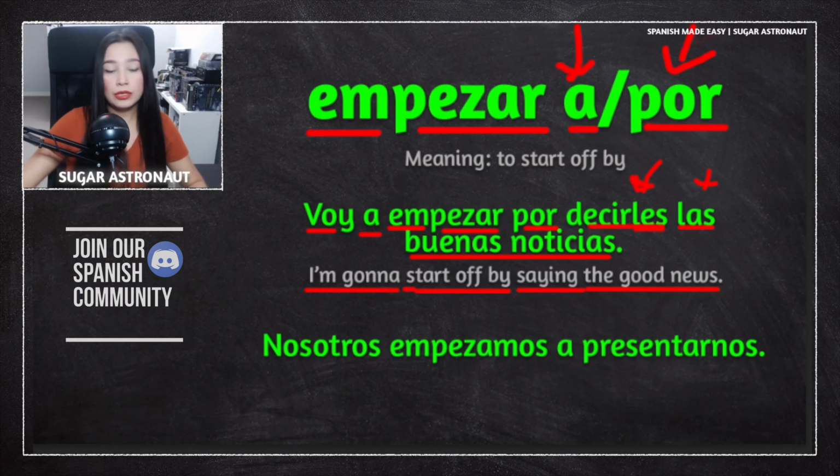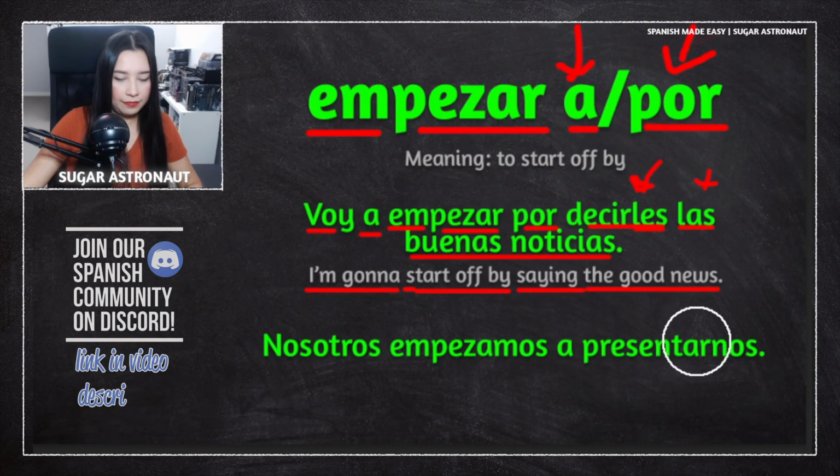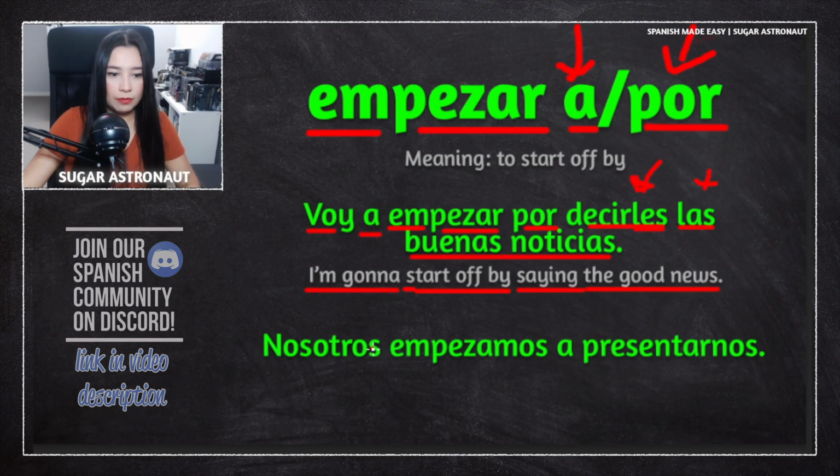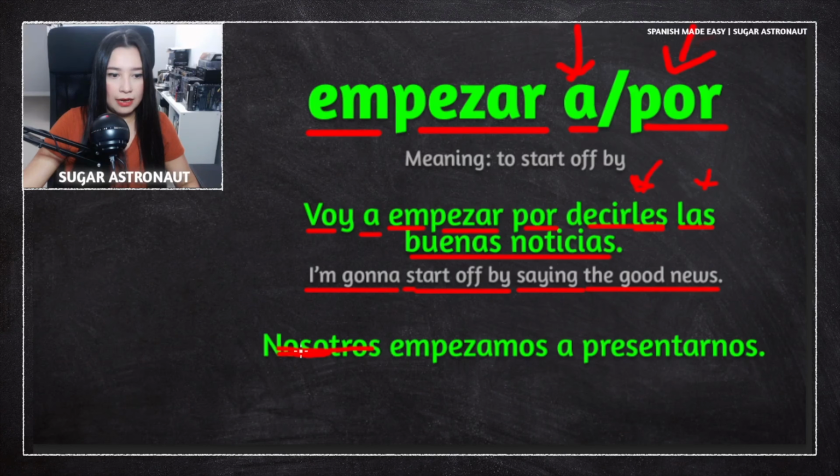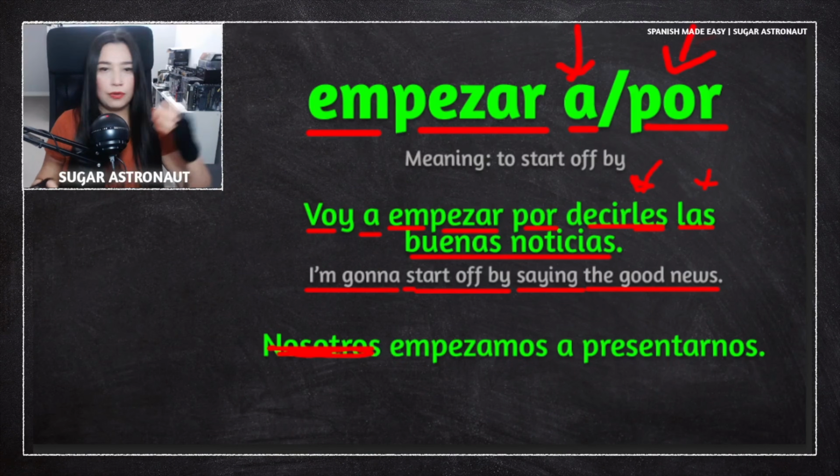Nosotros. Nosotros, by the way, you don't have to have nosotros in the sentence, but I just added it, sometimes people say nosotros, right? But remember, in Spanish, you don't use personal pronouns all the time. Tú, yo, él, nosotros, ellos, ellas, vosotros. We don't use them all the time. We just say the verb and the rest of the sentence. Empezamos a presentarnos. Okay?